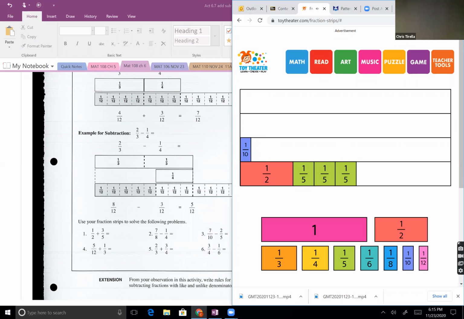And so I do believe that it would line up with the tenths to get the same length. And so that would give us 11/10.